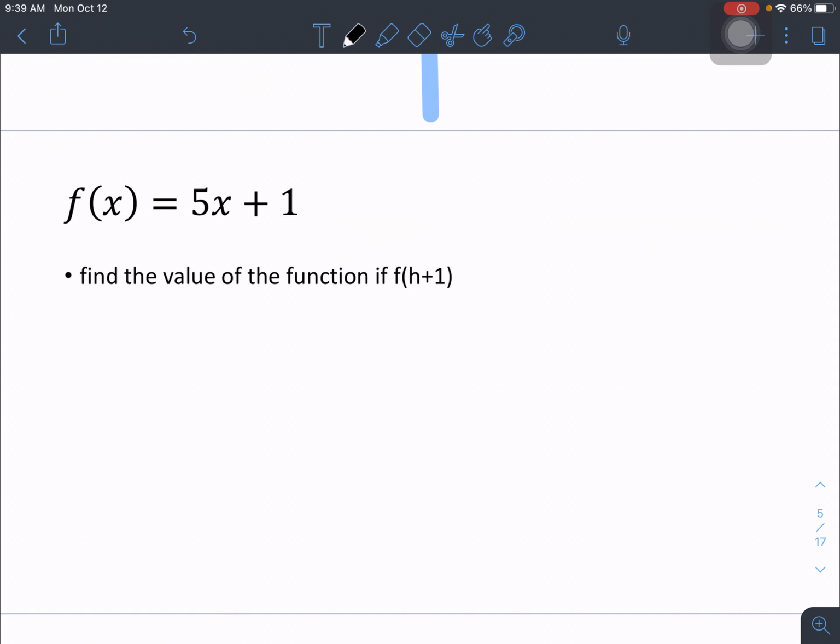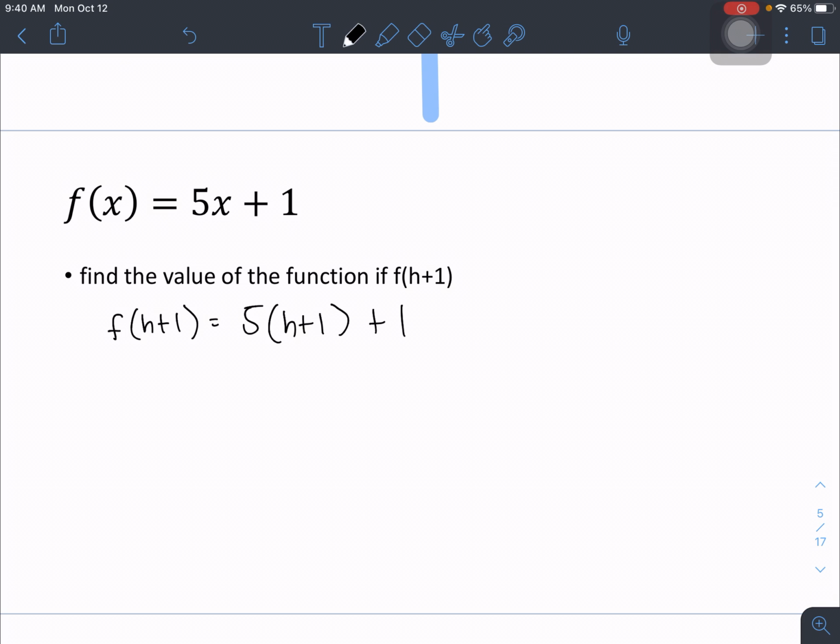So f of x is equal to 5x plus 1. Find the value of the function if x is equal to h plus 1. So replace all the x's by h plus 1. So we have f of h plus 1 is equal to 5 multiplied by h plus 1, plus 1.